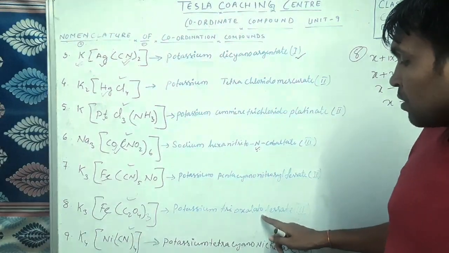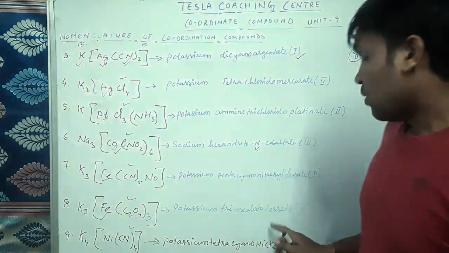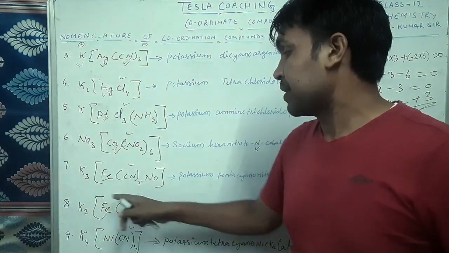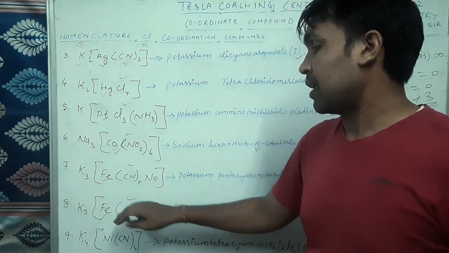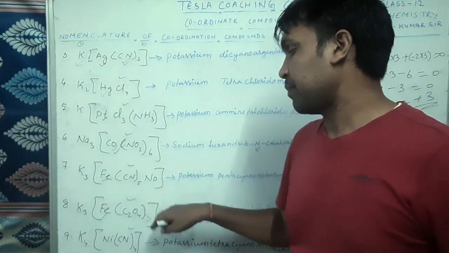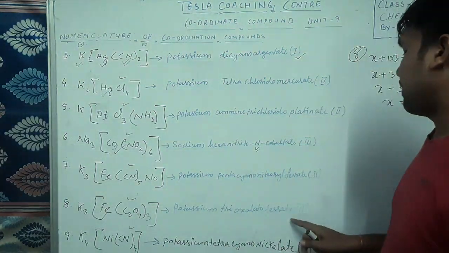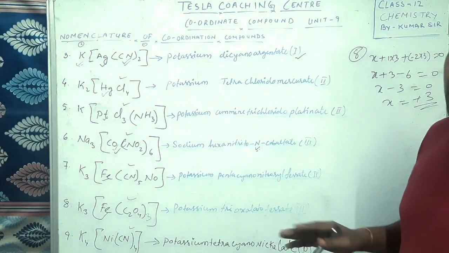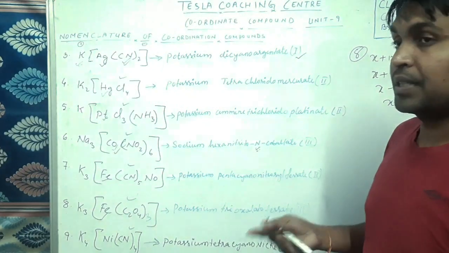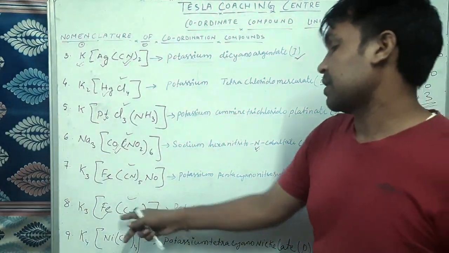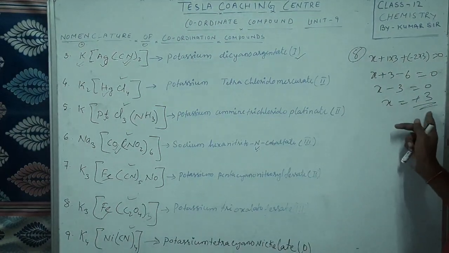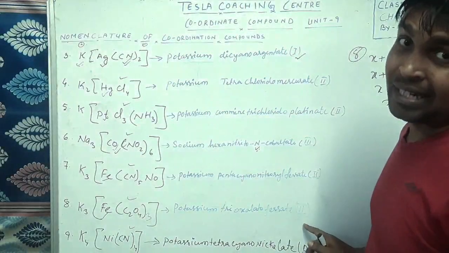Now since this whole coordination entity inside the bracket is the negative part, the name of the central metal will change. It will be written as ferrate, or else if it is not a negative part, then it will be written as ferrous. But now it is written as ferrate. And what is the oxidation number we got? 3. So we have written it here 3.